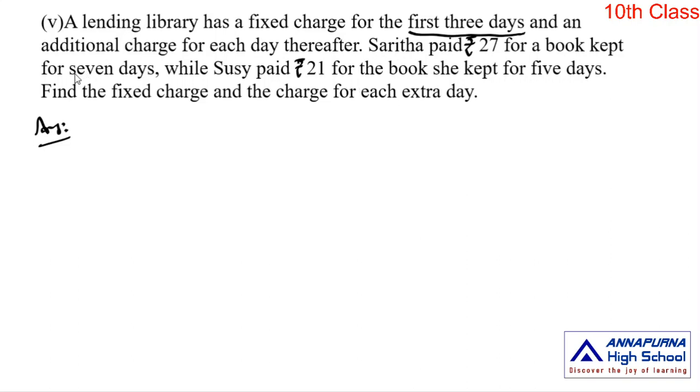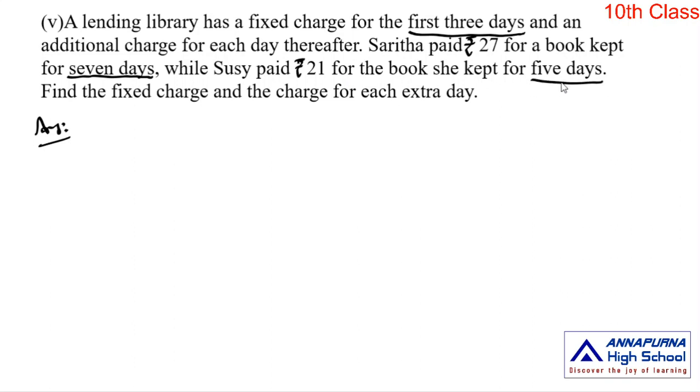And here you observe, the fixed charge is given for the first 3 days. So that's why here we treat these 7 days as the total number of days. That means in these 7 days, fixed days are involved and the additional days are also involved. And Susie paid 21 rupees for the book she kept for 5 days.